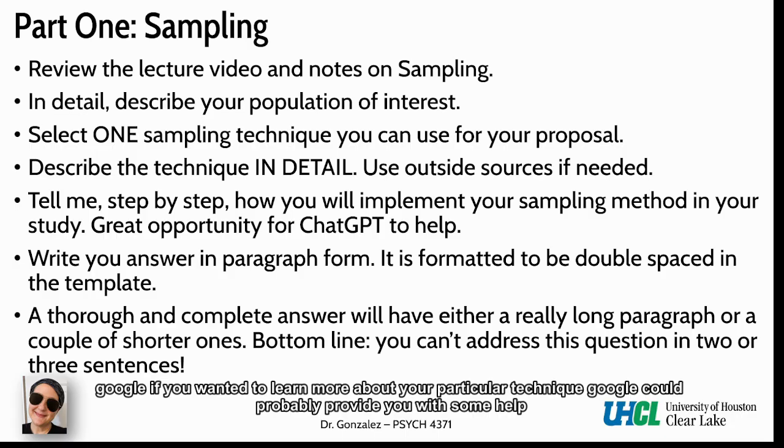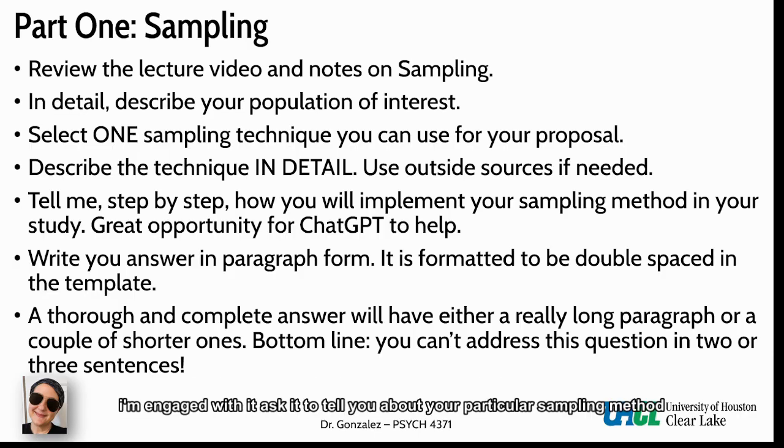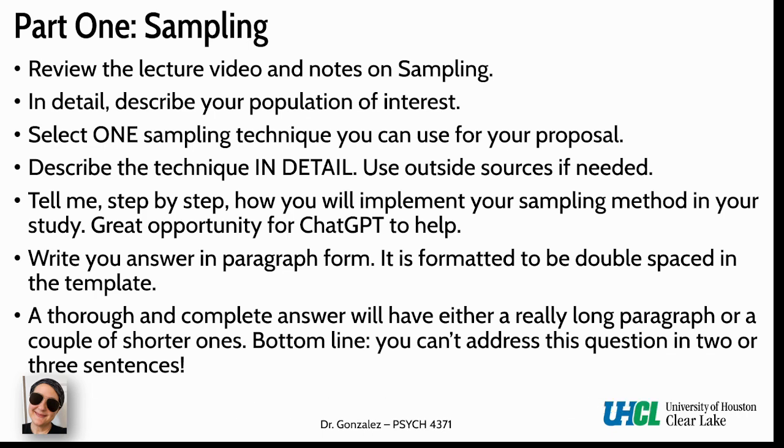If you wanted to learn more about your particular technique, Google could probably provide you with some help. And I would also say that this is a good opportunity for using ChatGPT in a constructive manner. Engage with it, ask it to tell you about your particular sampling method, and tell it to give you some examples. And from that, you can pull and design your own tailored sampling methodology for your paper.